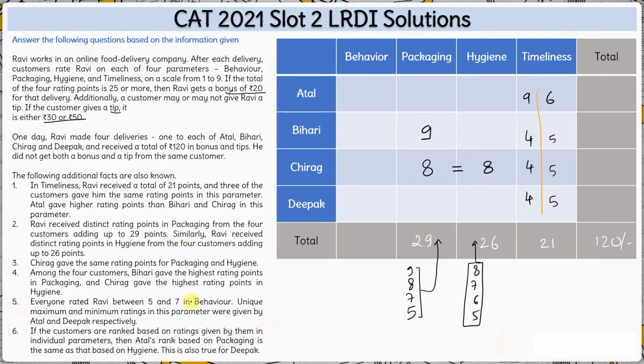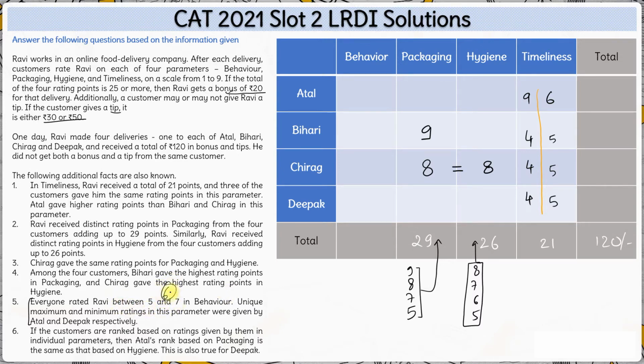Now next is, everyone rated Ravi between 5 and 7 in behavior. Okay, so in behavior everyone rated 5 to 7. Unique maximum and minimum rating points in this parameter were given by Atal and Deepak respectively. Now you might think that between 5 and 7, 6 is the only number.